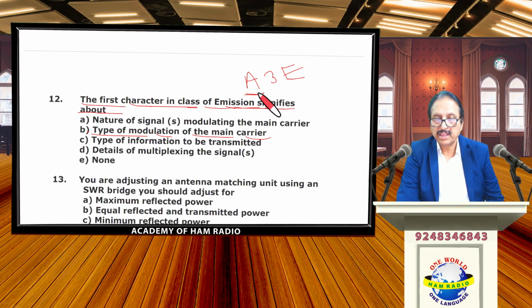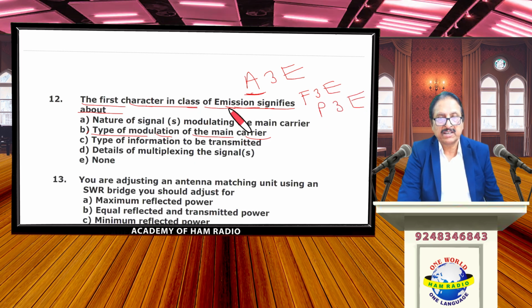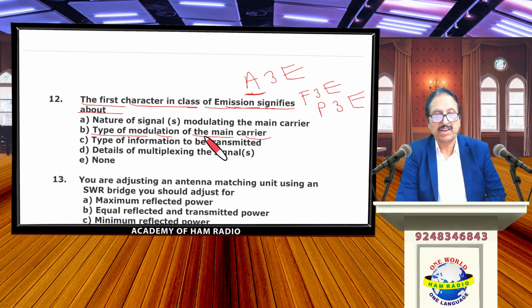So first letter A means amplitude modulation. If F3 is there, this is frequency modulation. P3 is there, phase modulation. The first character in class of emission signifies about type of modulation of the main carrier. Bravo is the right option.